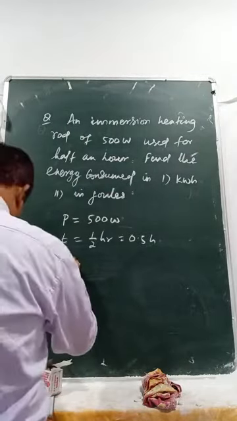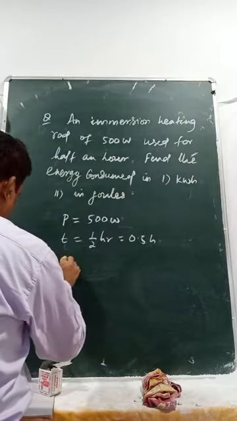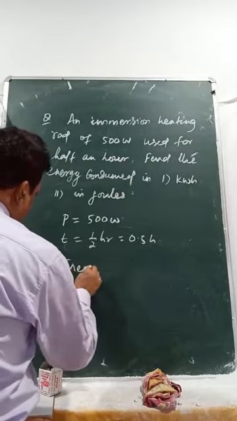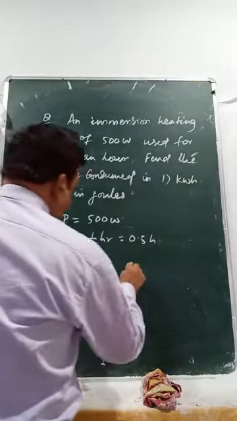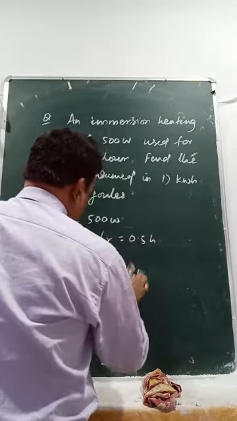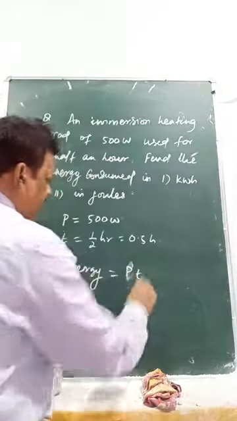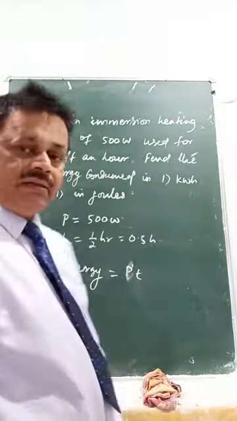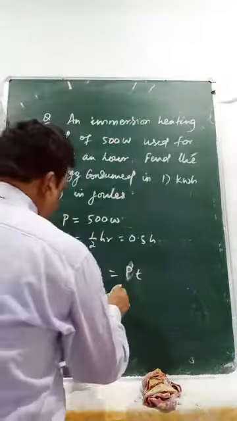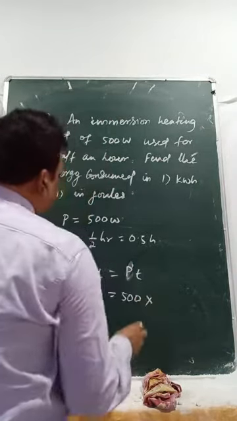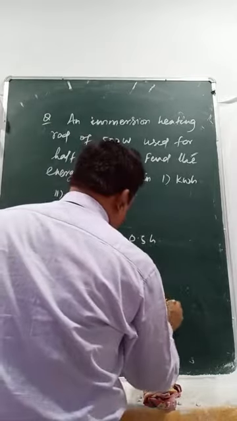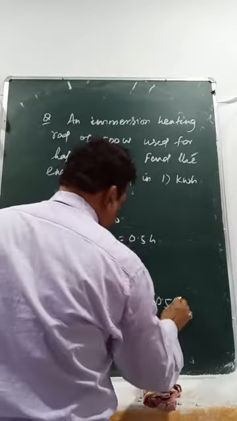So the energy consumed, what is the formula of work done, energy? PT. This is one formula, because power is given, time is given. So how much do you get? Now 500 into 0.5, this is watt hour.